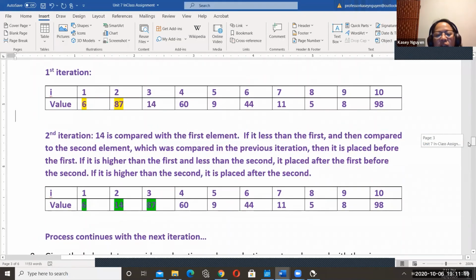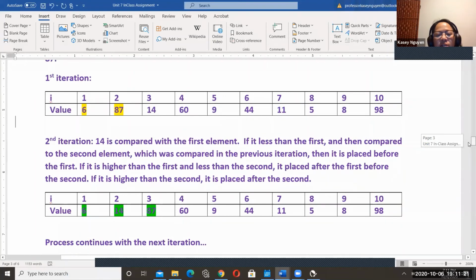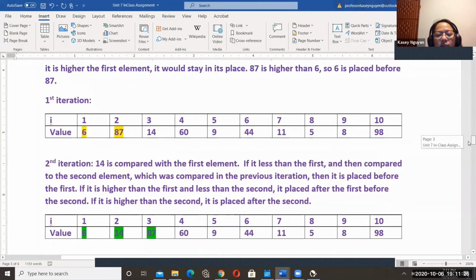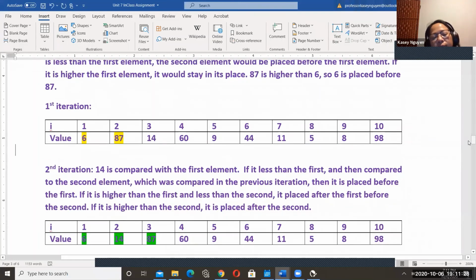Any question on insertion sort? No question.